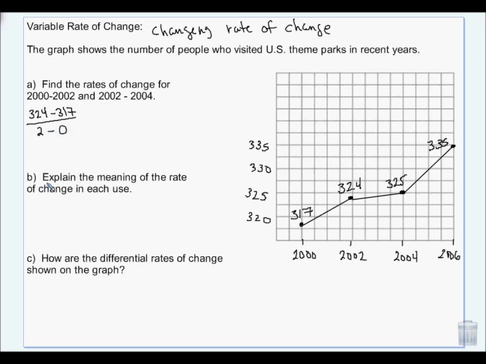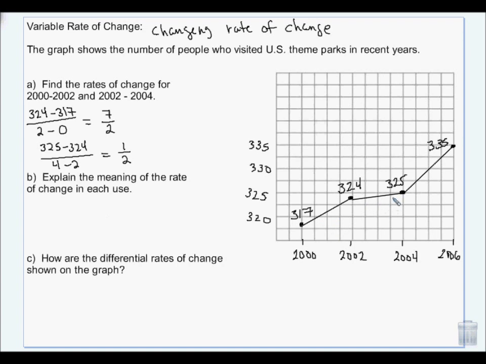And I just have to write the 2 and the 0 because it's going to be the same difference. So 324 minus 317 is 7 over 2. And for the next one, I have 325 minus 324 over 4 minus 2, which gives me 1 over 2.